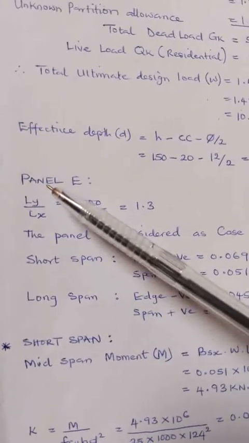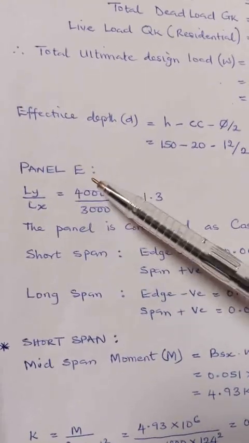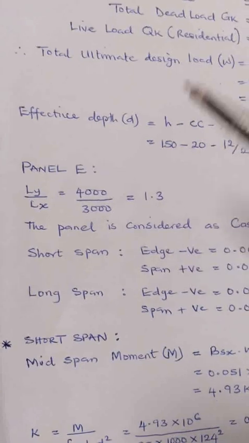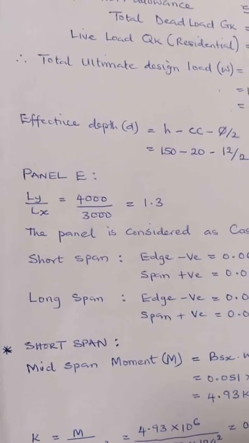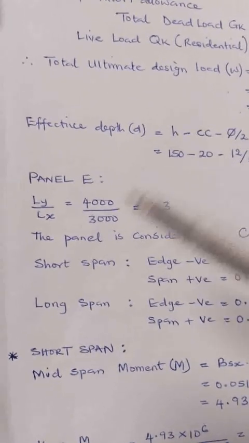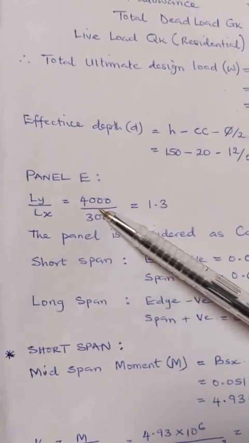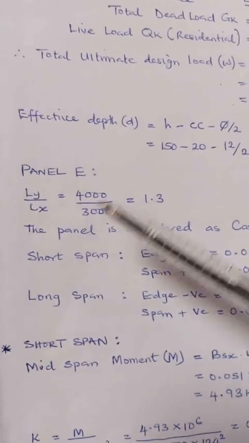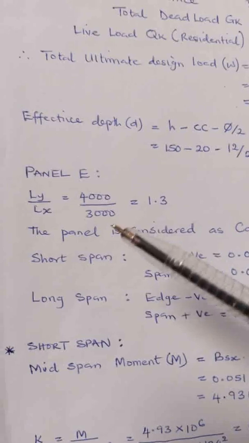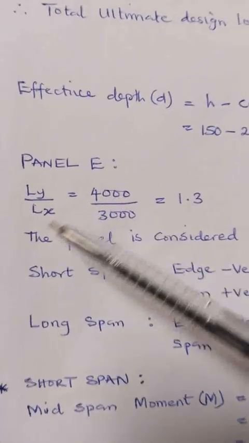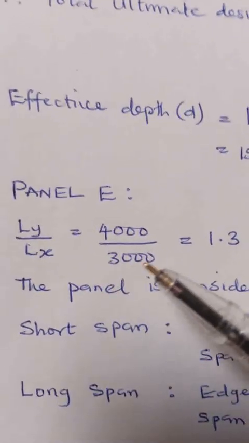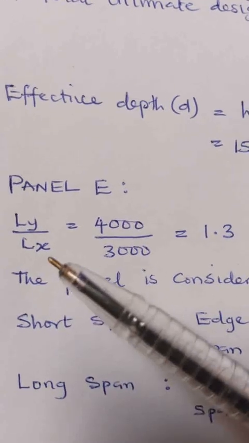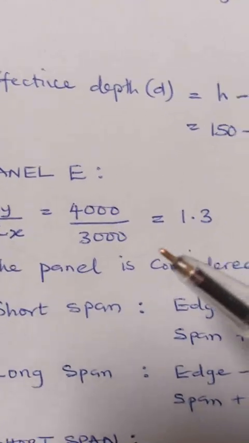Now let's say we are considering panel E in a certain slab. Panel E has a 4 meter by 3 meter area. So we have 4 meter as your LY and 3 meter as your LX, 4,000 divided by 3,000.